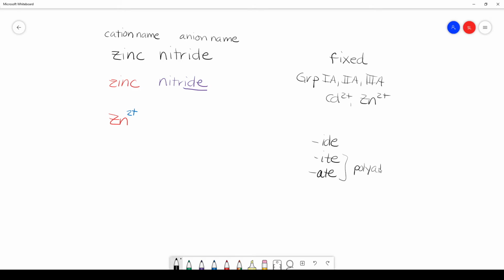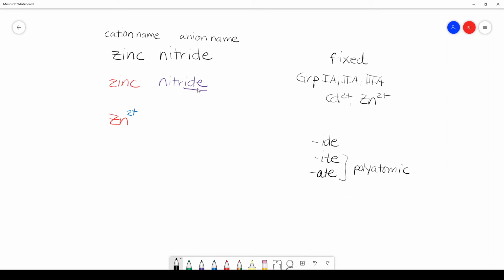And your polyatomic ions are on your list from a long time ago, and there are some quizzes attached to learning the polyatomic ions and their charges. But the ITEs and ATEs, those endings for the anions are polyatomic.